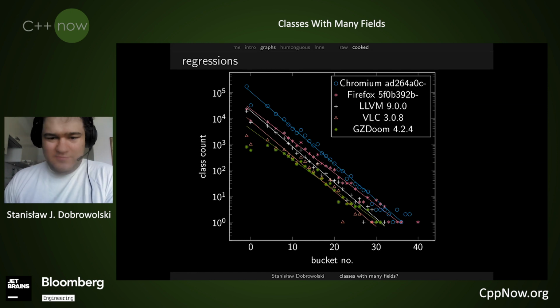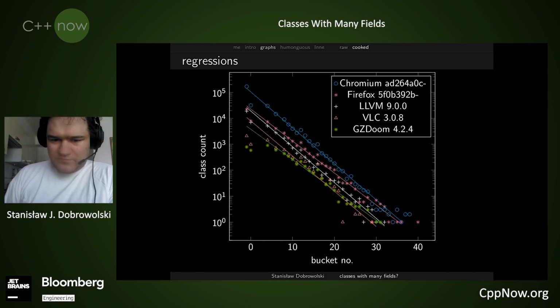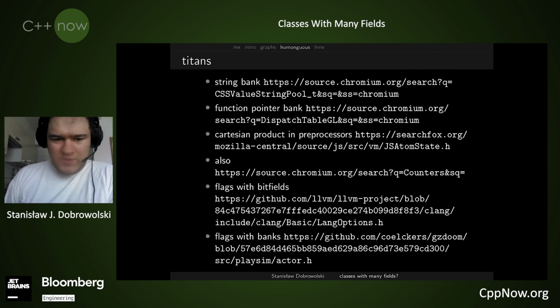It seems like if you have twice as many fields, you have less than half of the resulting class count. Unless you're Doom and you have slightly more.